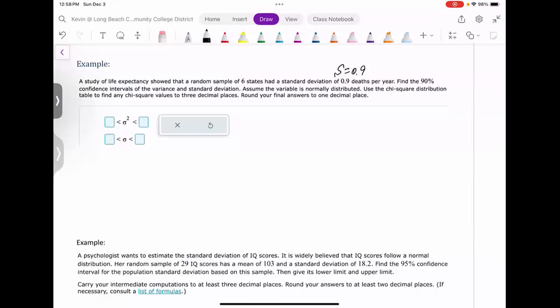Okay. So here's what's going to happen. I'm first of all going to draw our chi-squared distribution so that we can find the critical values. This is a 90% confidence interval, which means we have 10% left over, which means there's going to be 5% in each of these.